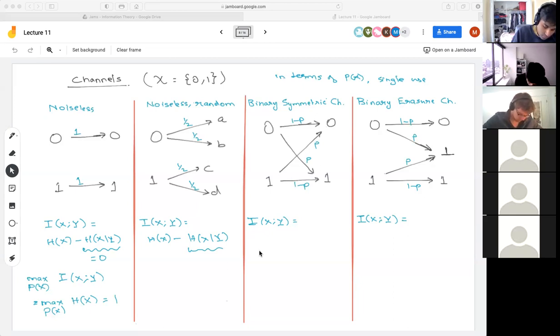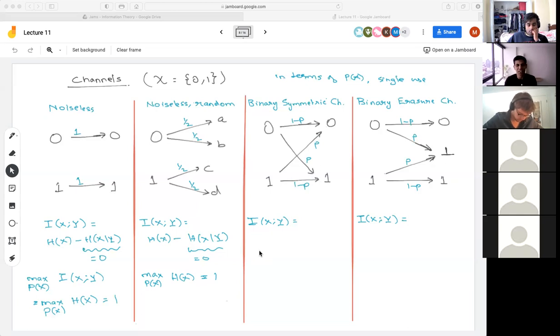So the capacity of this channel, although it has some randomness in the output, is still 1. Which, by the way, is the maximum we can hope for because the mutual information is always upper bounded by the entropy of x. And the entropy of x can be at most 1 in this case.